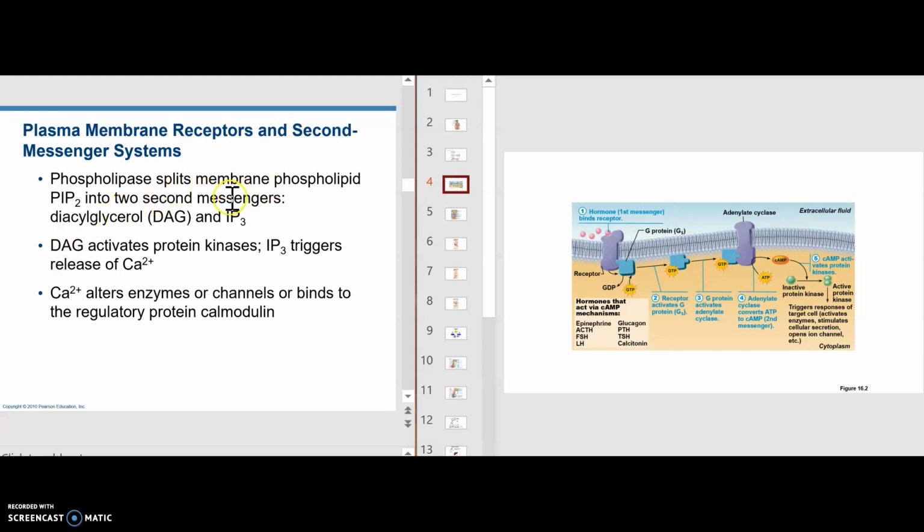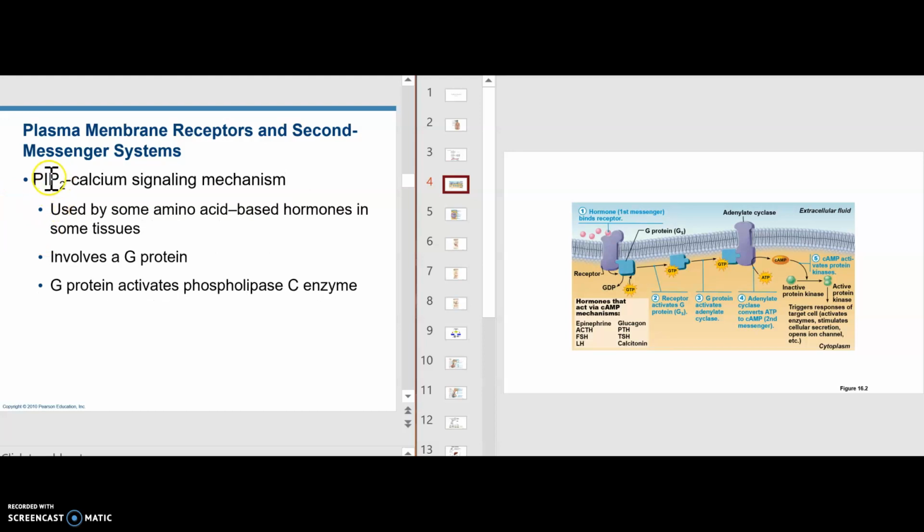Phospholipase splits the membrane phospholipid, phosphoinositol phosphate, into two secondary messengers, diacylglycerol and inositol triphosphate. Diacylglycerol activates, and inositol triphosphate triggers release of calcium. And so this is a calcium reaction. You can study it. But this particular one is a different secondary messenger from cyclic AMP. Different hormones in different cells use different secondary messengers, to put it that way.